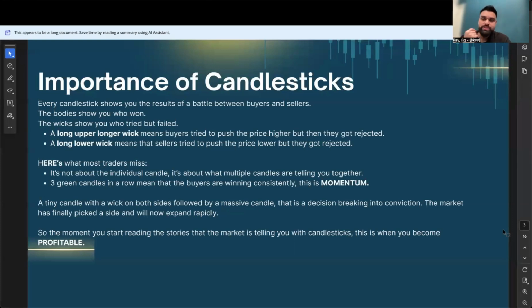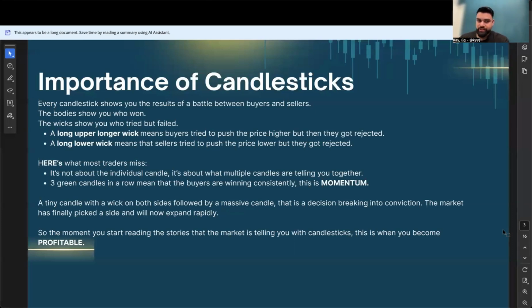Hence it's always important to follow risk management, because this industry is not a get rich quick scheme. Anyone who comes into this industry thinking you're going to get rich overnight is not going to survive for any longer than a month. I'm being straight up honest, blunt with you. These things matter, but at the same time they can be manipulated too. So it's important to know all these things but still follow risk management.